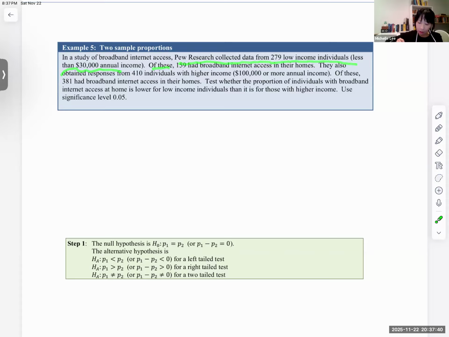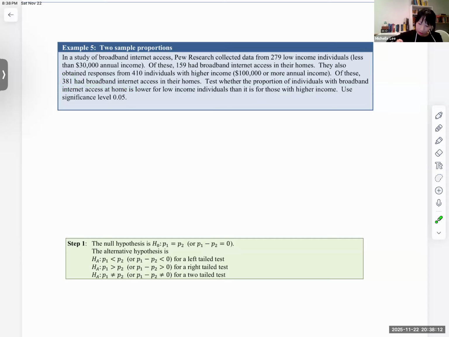Of these, 159 had broadband internet access in their home, and 410 individuals with a higher income, 100,000 or more annual income. Of these, 381 had broadband internet access in their home.